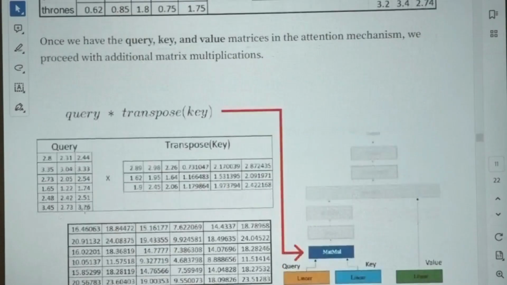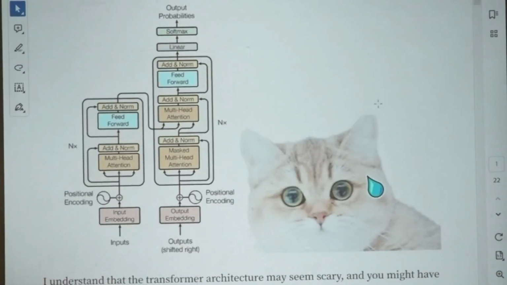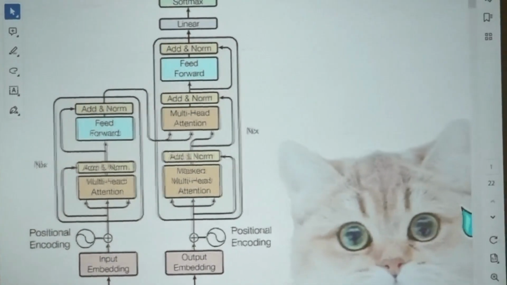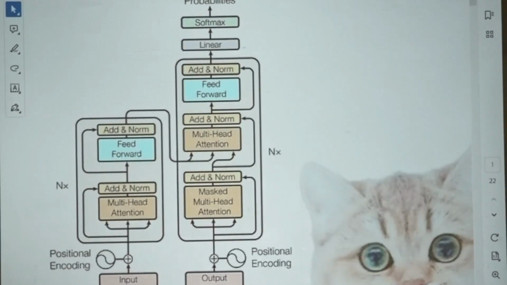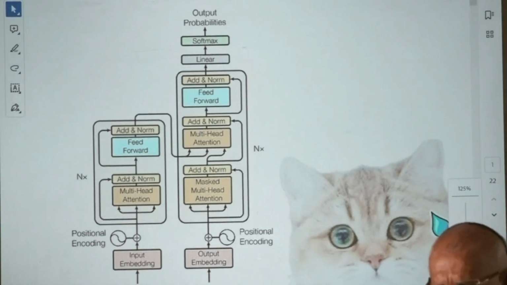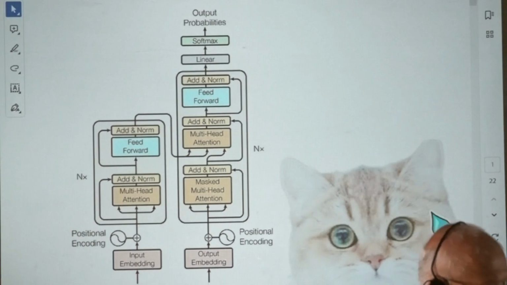Next. Okay. Now, there are certain fundamental ideas, and if you go back to the original diagram, there are these layers of normalization and closing the end. Those are all computer science concepts. You know why normalization is done after every layer: basically to get all the data to stabilize.